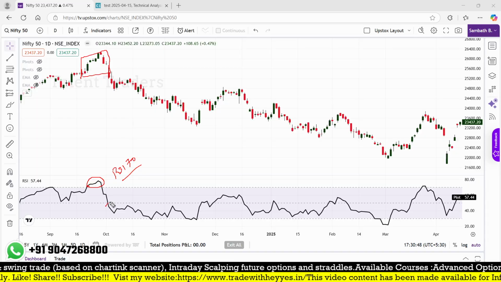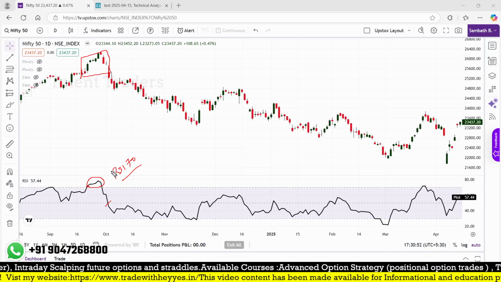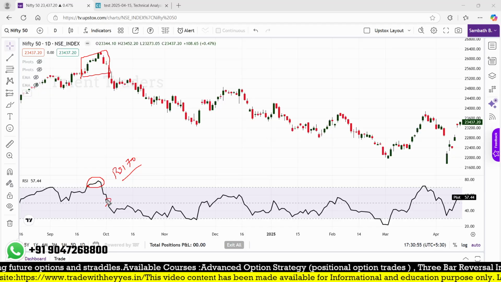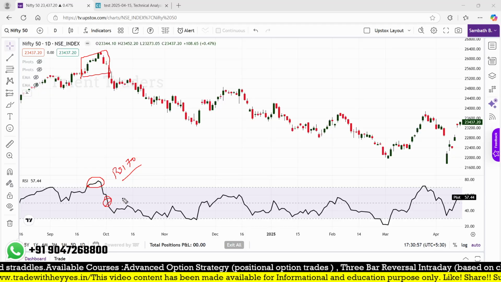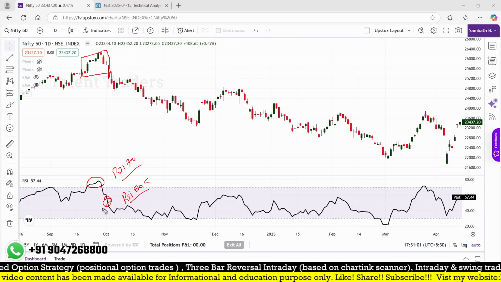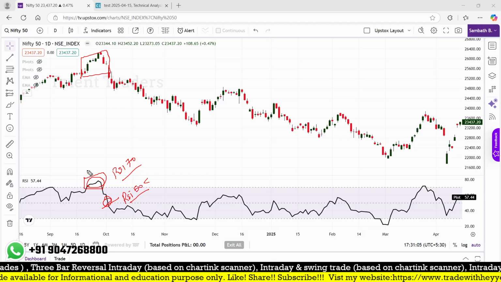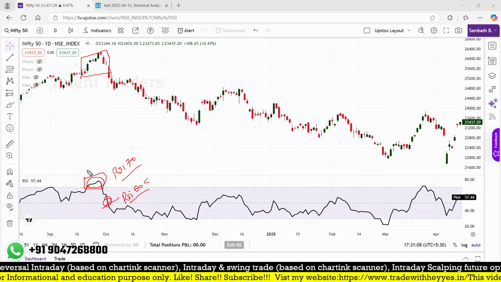After sustaining 5 to 10 candles above the 70 level, the RSI breaks below 50 for the first time, within a time frame of maybe 15 days or 30 days.